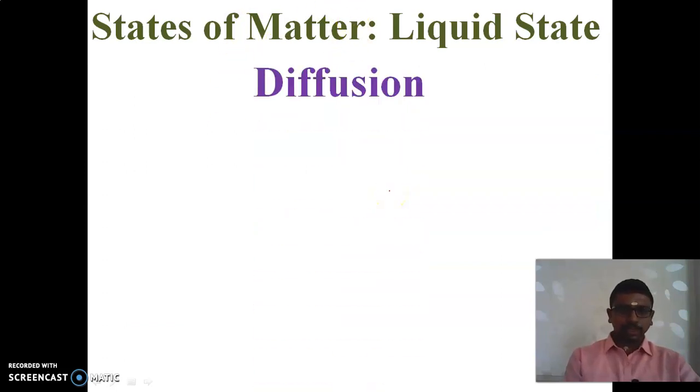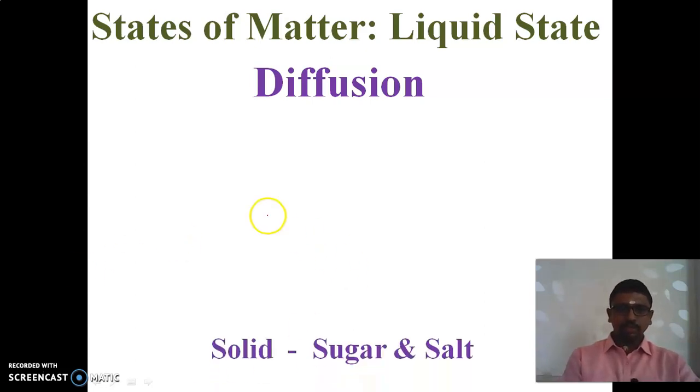The next property is diffusion. What is meant by diffusion, children? The intermixing of particles is known as diffusion. Here we take water, which is in the liquid state, and we add salt or sugar.